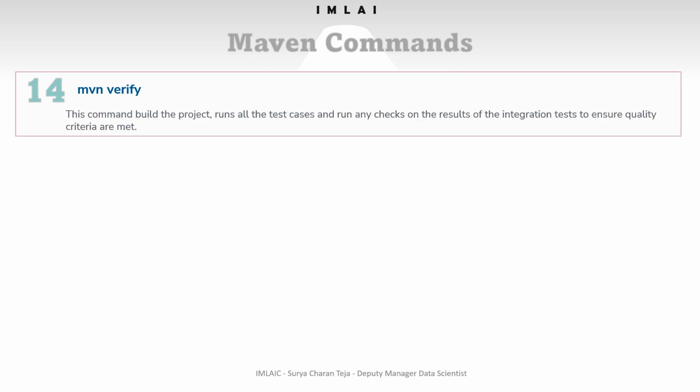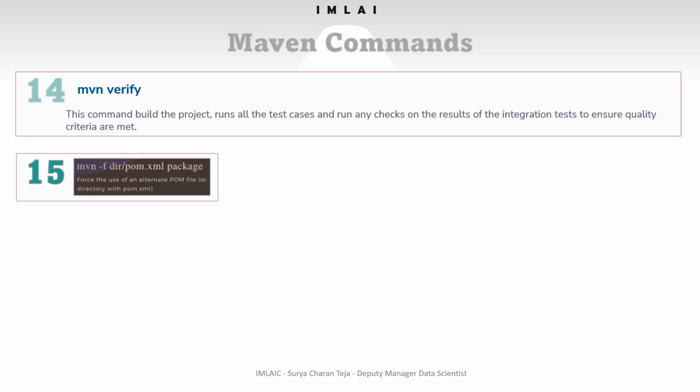Then we have a few more commands. We'll quickly look into them. mvn -f option, for example mvn -f maven-example-jar/pom.xml package. This command is used to build a project from a different location, so we have to provide the location. We are providing the pom.xml file location to build the project.